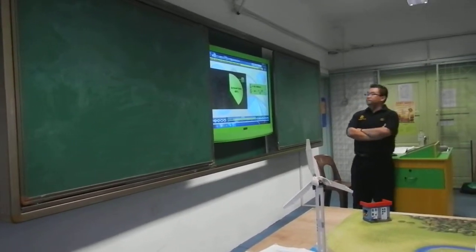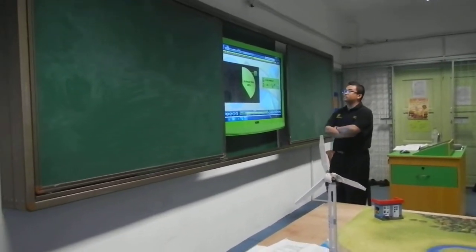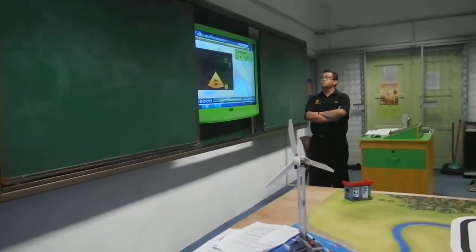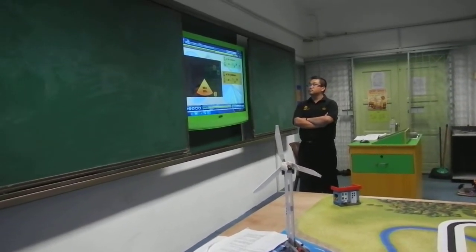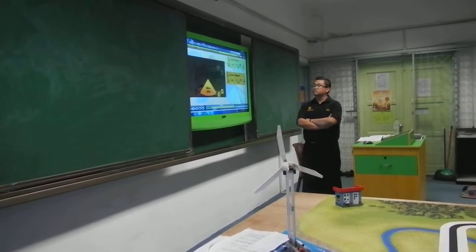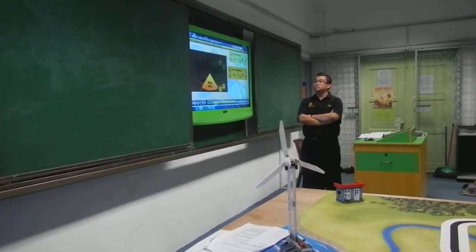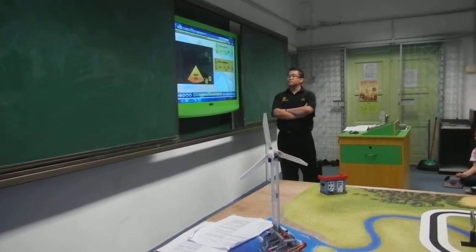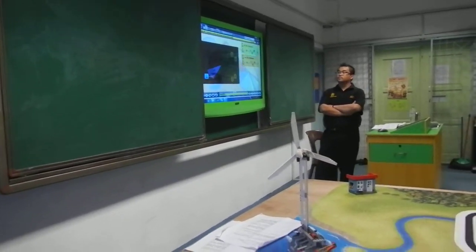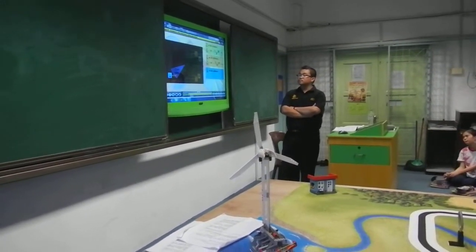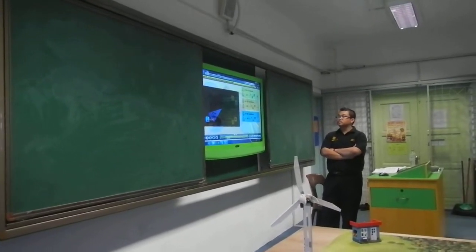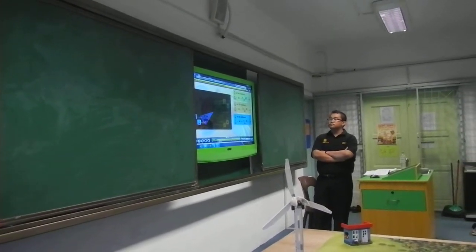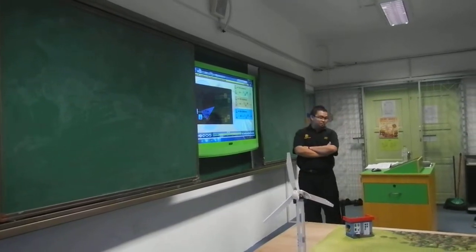So, the number of children who go to school by the school bus is 8. 2/10 of 20 children is equal to 4 children. So, 4 children cycle to school. 1/10 of 20 equals 2. So, 2 children go to school by car.